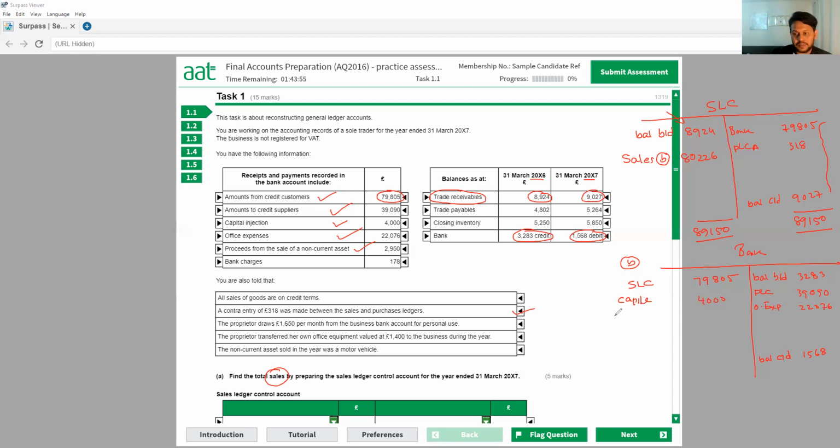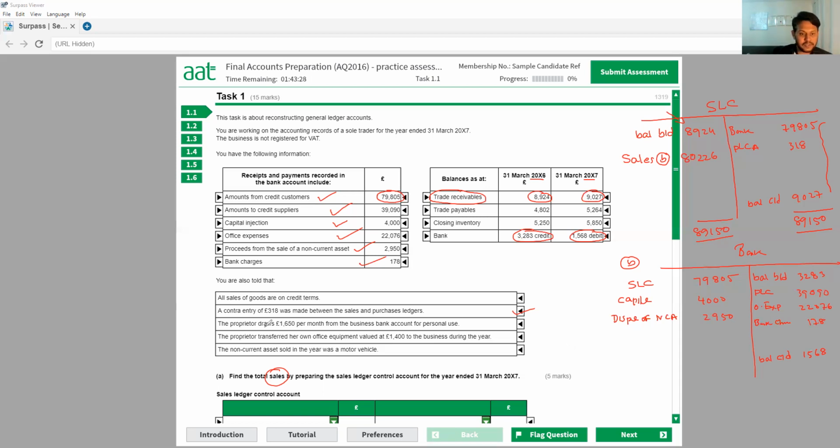So we said disposal of NCA. How much we get? 2,950. And after we have bank charges, which is an expense for us. Bank charges, 178.